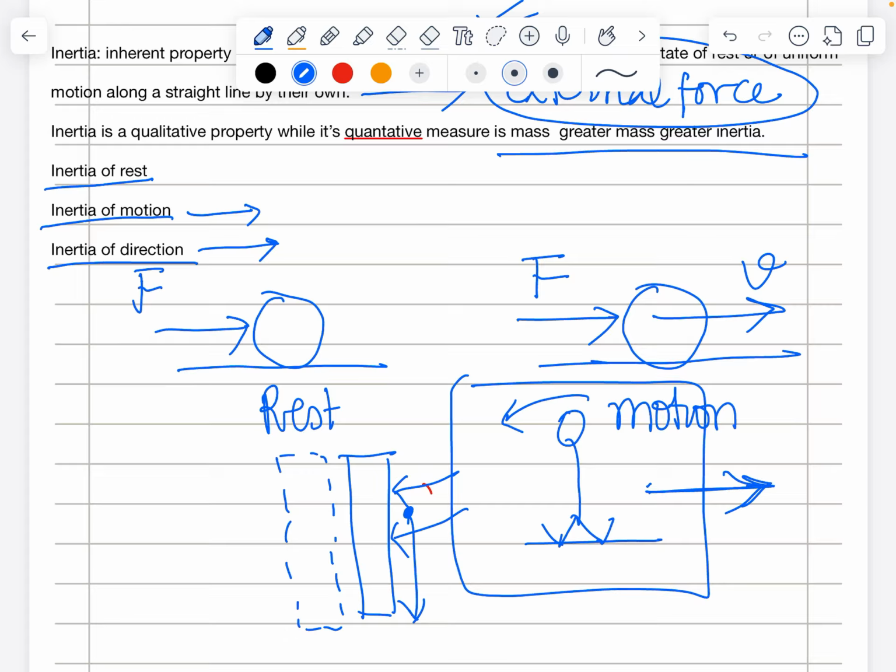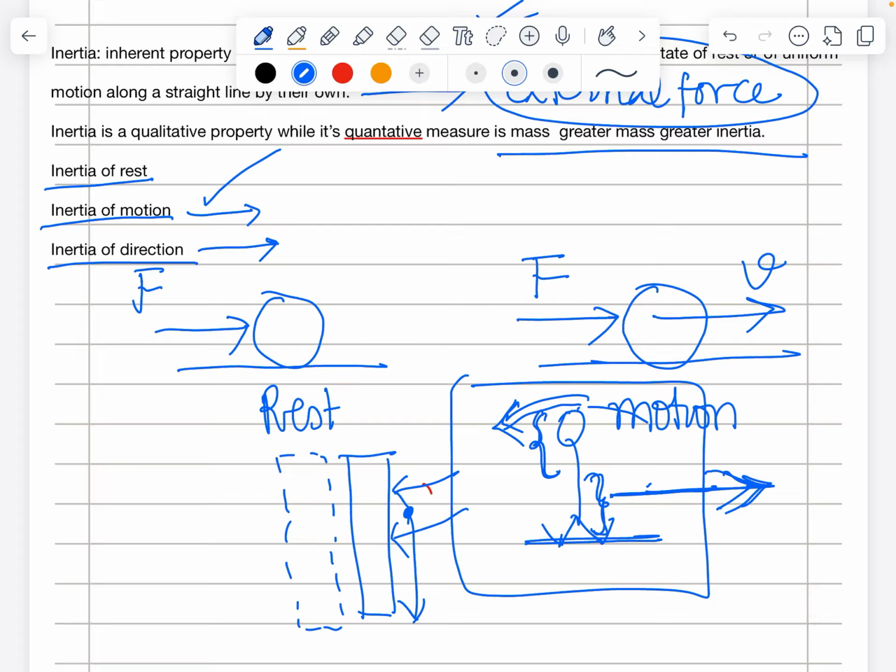Because when the bus moves, your lower portion of the body will come immediately into motion, but the upper portion which was earlier at rest will try to remain at rest. Therefore it will fall back, because the lower portion moved first, and the upper portion started moving 10 milliseconds later, so it will fall back. It's clear. Means the passenger will fall back.